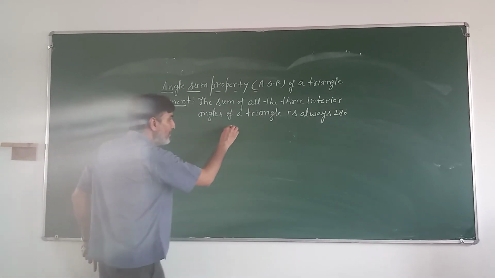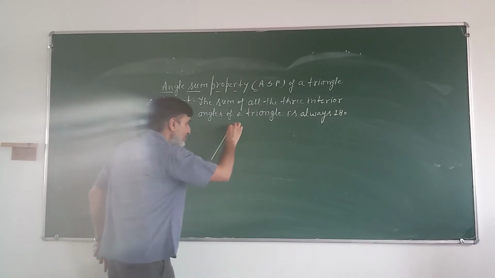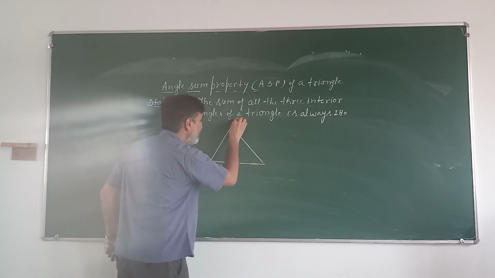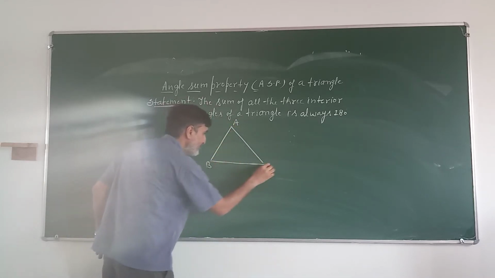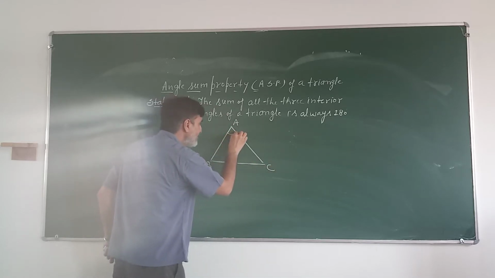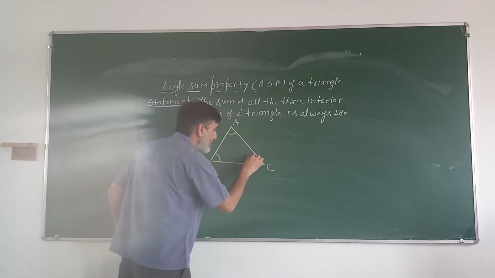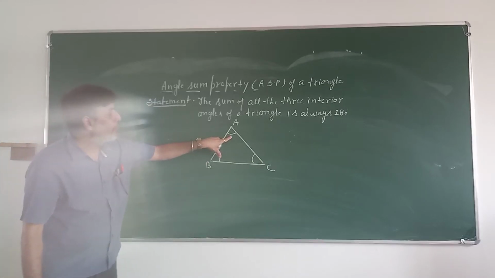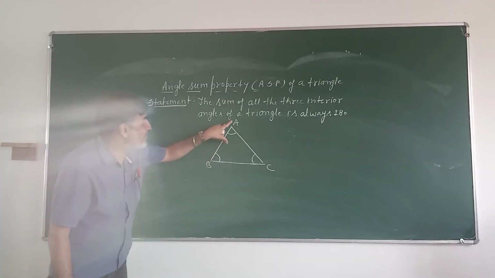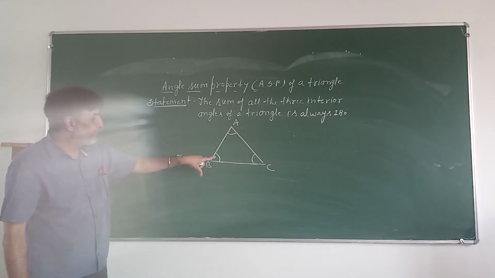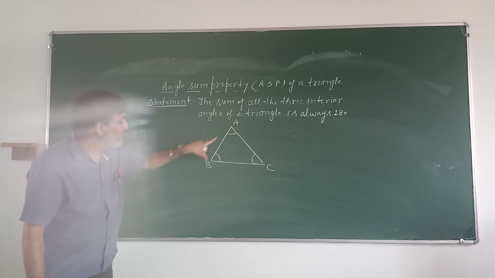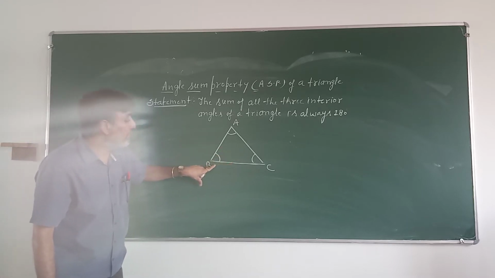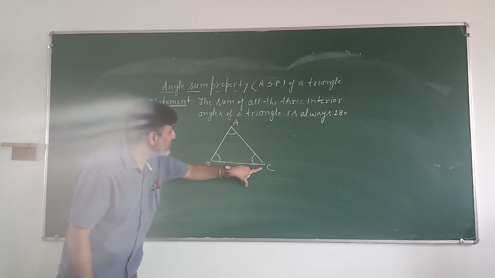For an example, if we have a triangle ABC, here we have these three interior angles of triangle ABC, which are angle A, or you can say angle BAC, angle B, or angle ABC, and angle C, which can be written as angle BCA.